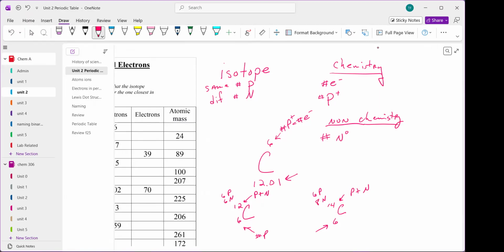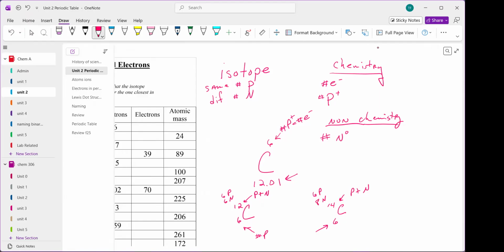So if I weighed one of the oranges, would the mass of the bowl be 10 times that? No, because each orange is still an orange, but it doesn't have the same characteristics. It's got different mass, different amounts of juice, all this other stuff. So if I weighed the big bowl and divided by 10, I would get a decimal number. That's the same thing going on with the decimal number in the periodic table.